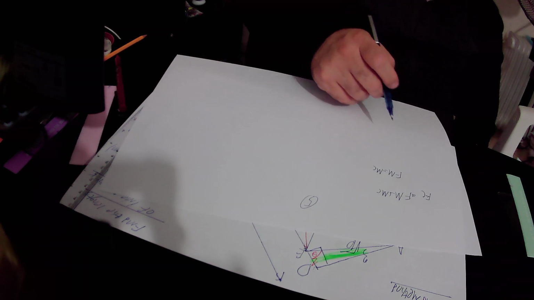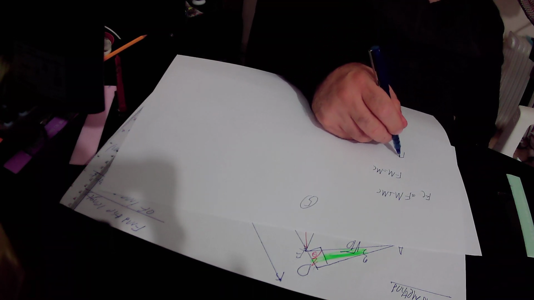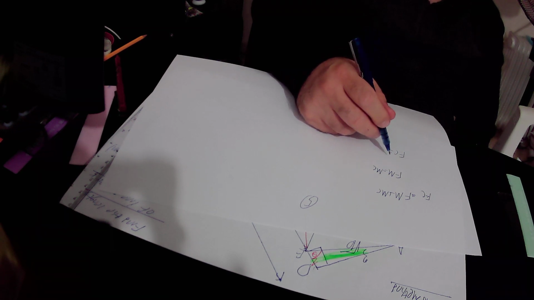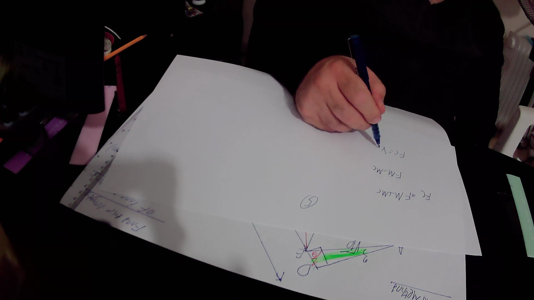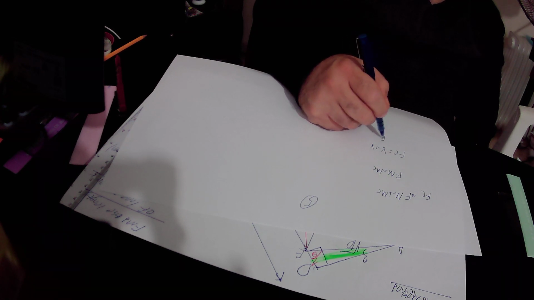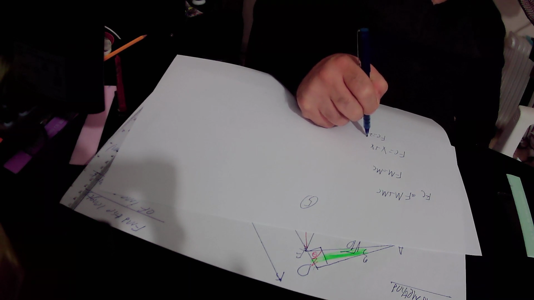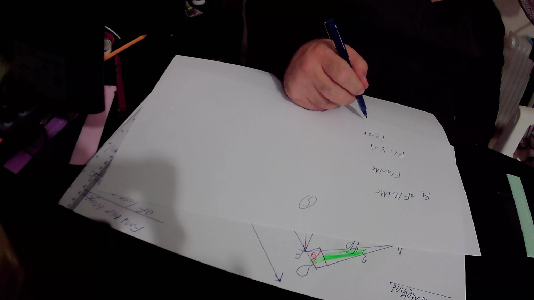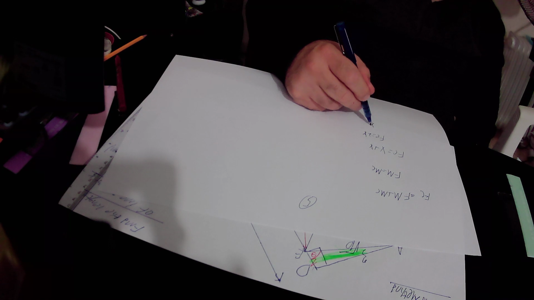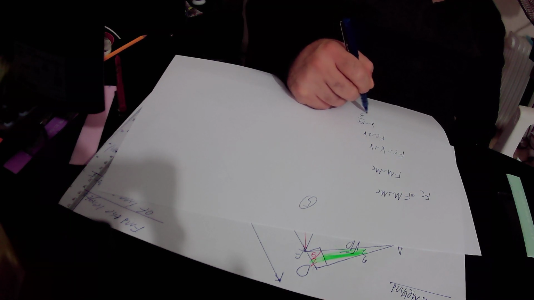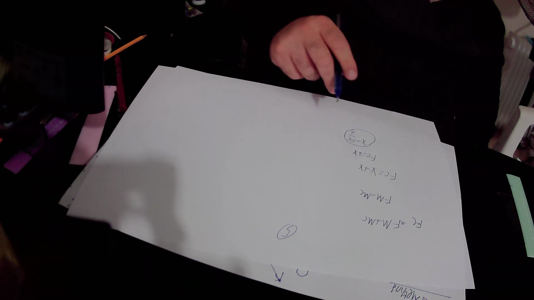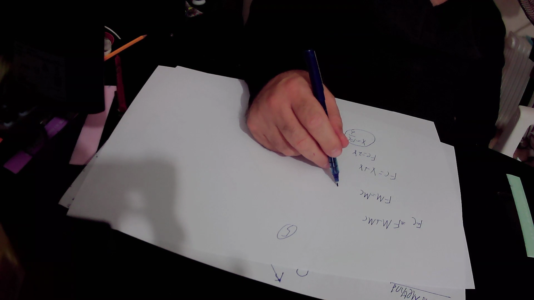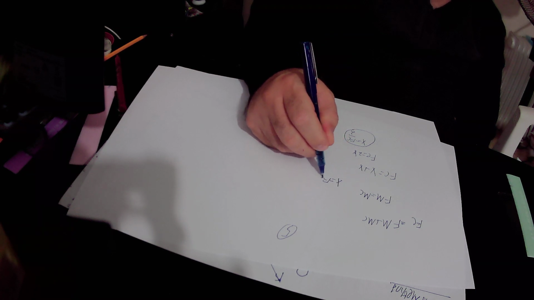So if we define FM as x, then FC will be equal to x plus x, because MC is also x. So FC equals 2x, and if we divide this equation by 2, we get that x equals FC over 2. That is to say, we defined x as FM.